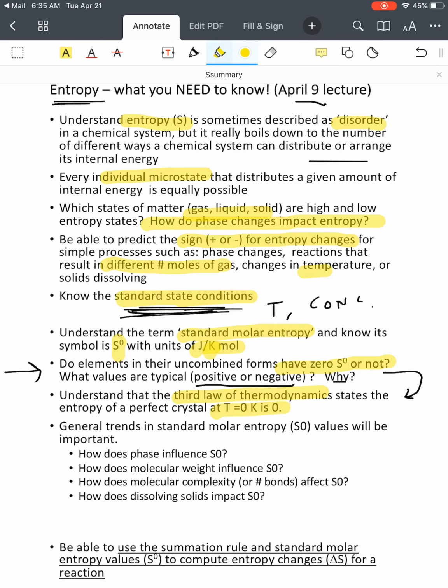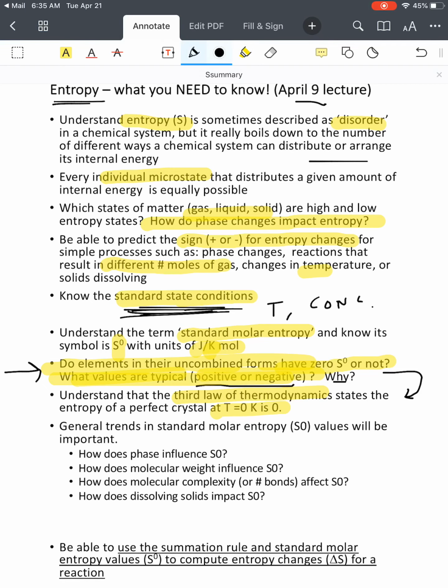So it sets our zero point, basically, that third law. And because of that, elements may not have zero S0. I'll let you look that up in tables and rationalize why elements in their uncombined form may have even positive standard molar entropies. Reason that through in your own mind and have a good grip on that.